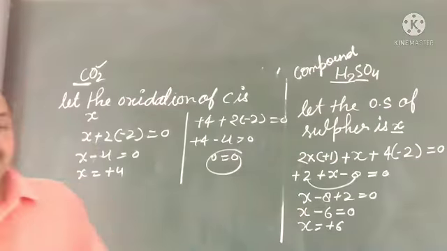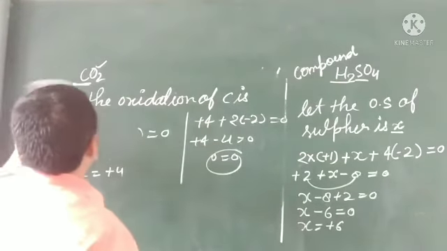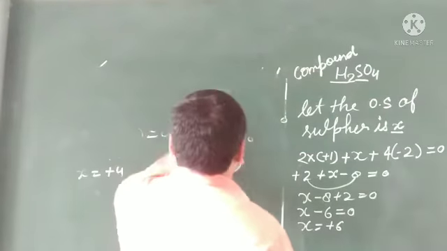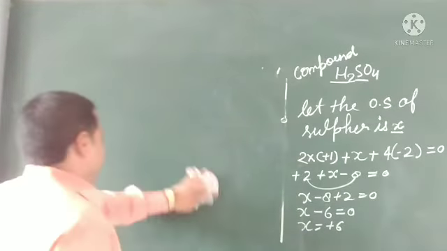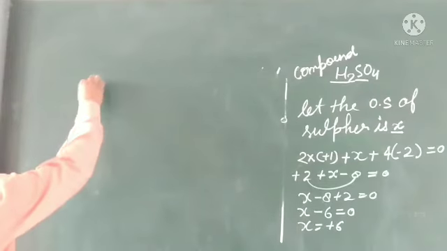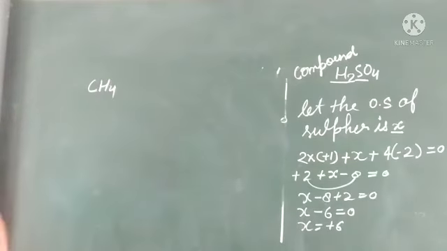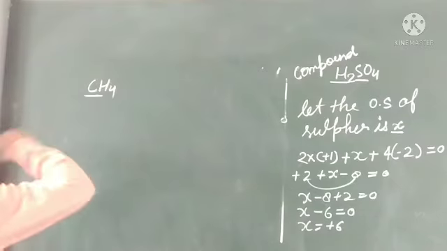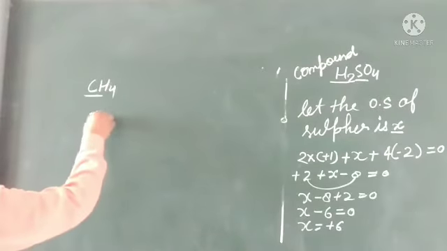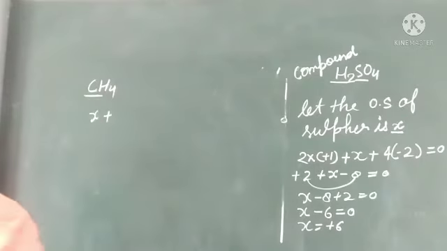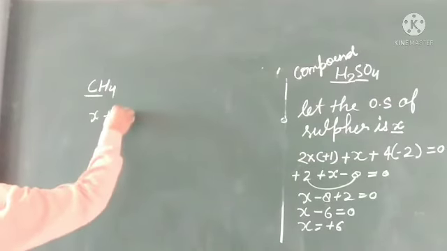Another example I am taking here. Any compound you can take, and in that you can calculate the oxidation state. Like this, I am taking here CH4. So here we have to calculate the oxidation state of carbon. Let the oxidation state of carbon be X, and hydrogen, you might be knowing, is plus 1, and the number of hydrogen is 4.